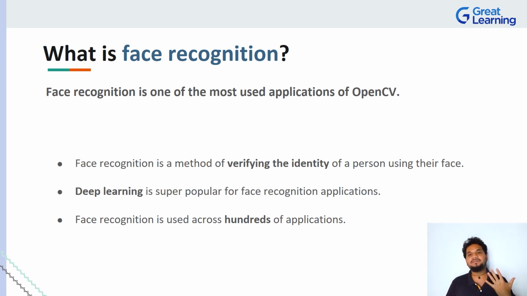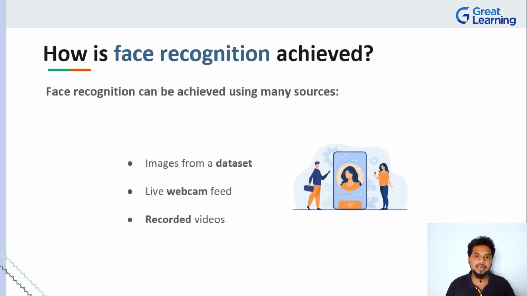Now, you have to understand that face recognition is used in hundreds of applications around us, right? So if I say it's used in hundreds and thousands of applications, is everyone clicking pictures and uploading pictures to their computers all the time? Well, not really. You can achieve face recognition by doing multiple different things.